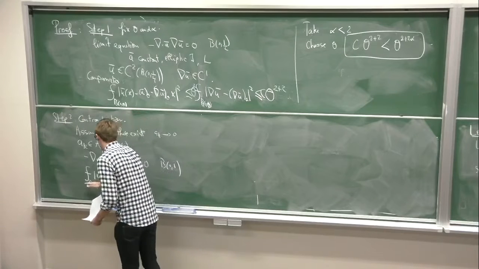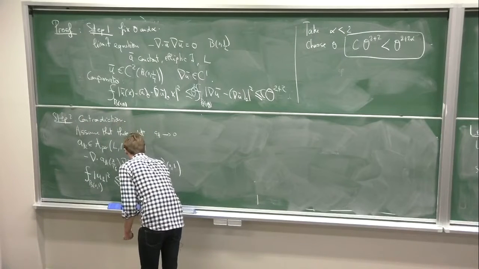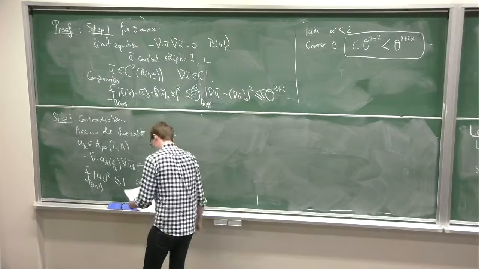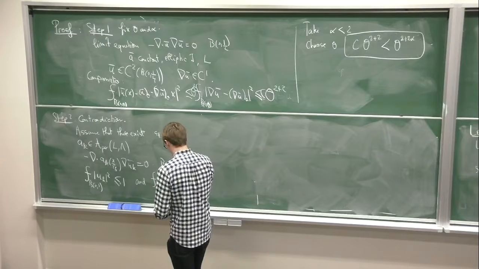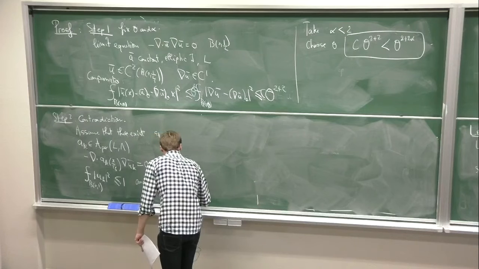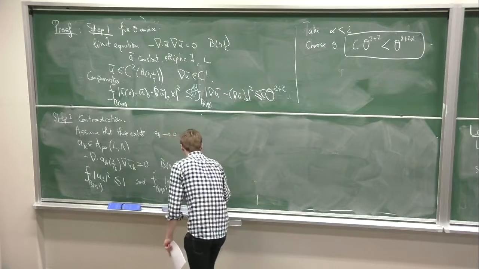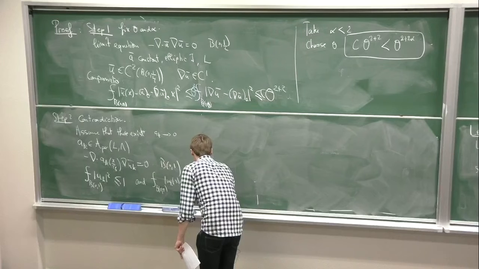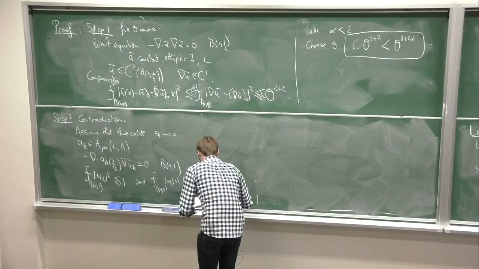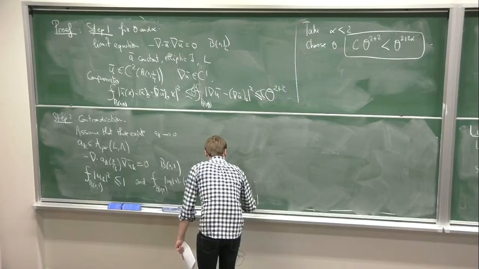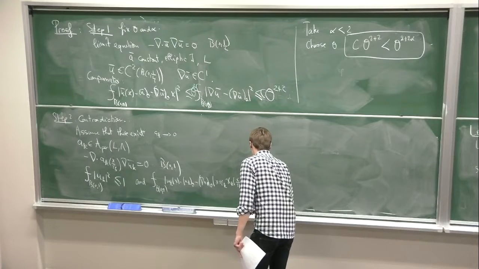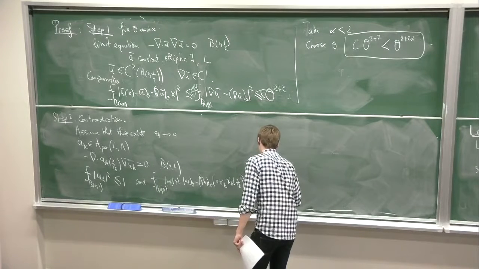So you assume that simultaneously you have this and the mean over B0 theta of U k minus U k theta minus gradient U k theta dot x plus epsilon k chi k of x over epsilon k, that this is bigger than theta to the 2 plus 2 alpha.